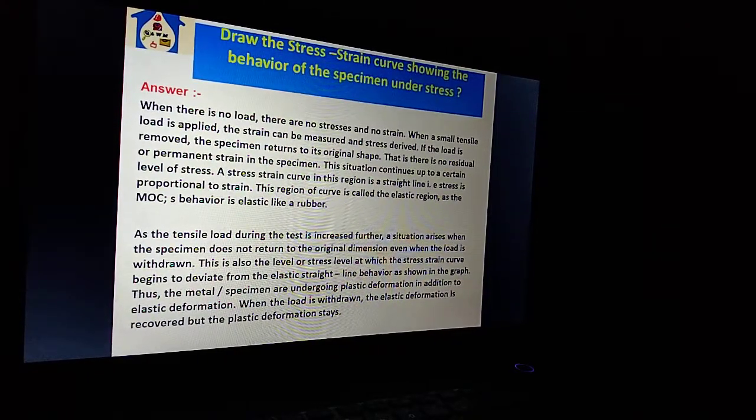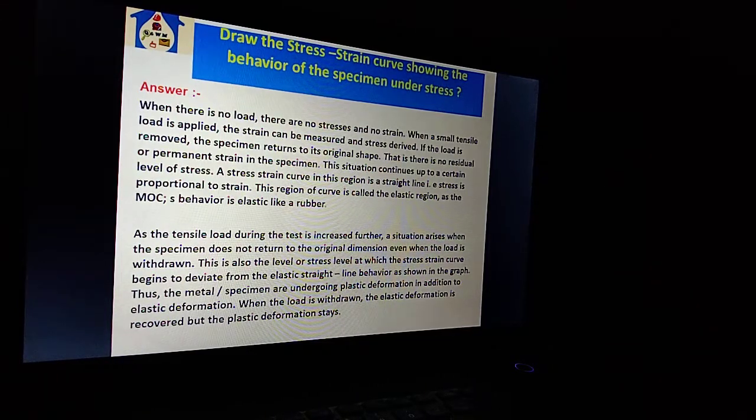Draw the stress-strain curve showing the behavior of the specimen under stress. When there is no load, there is no stress and no strain. When a small tensile load is applied, the strain can be measured and stress derived.